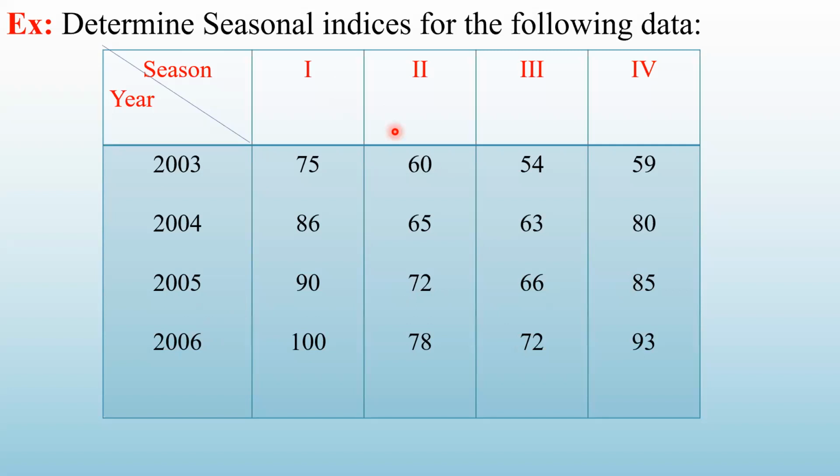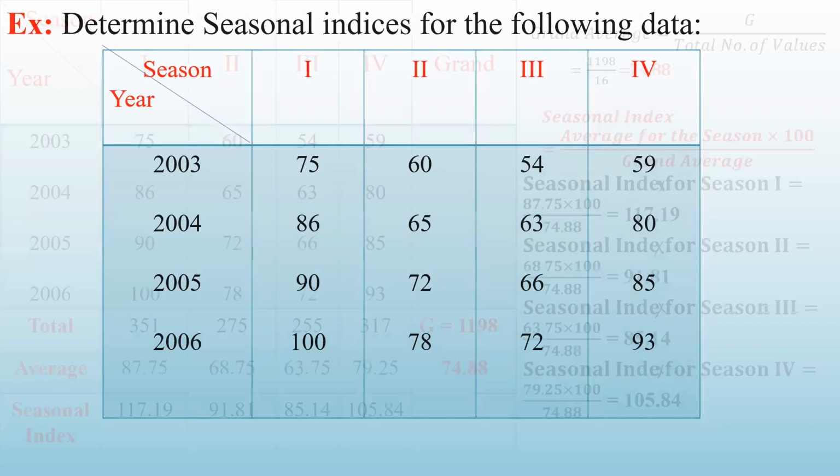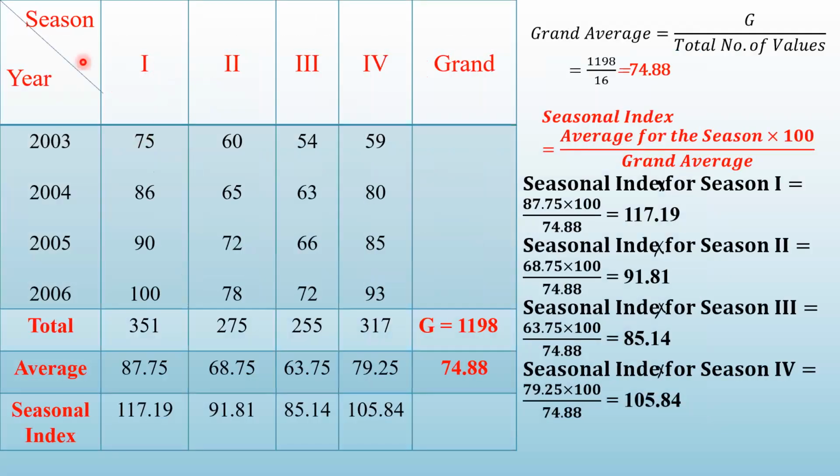As per our steps, we will first take the total of each season. I have taken that table and prepared 3 rows here. The first row is for total, the second row is for average, and the third row is for seasonal index. For the total, you take the total of the first column: 75 plus 86 plus 90 plus 100 gives you 351.